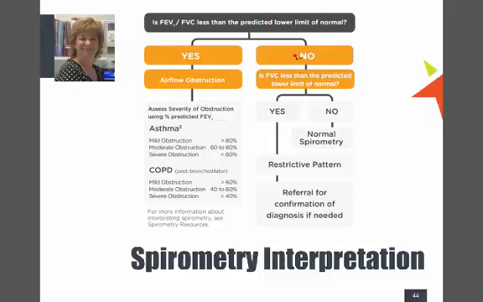If the FVC is less than the lower limit, that means they've got restricted volume as well, and it's a restricted pattern. If it's not, then it's going to be normal. So hopefully that makes a bit of sense, and we'll try and use that to go through the ones that I've got for us to go through.